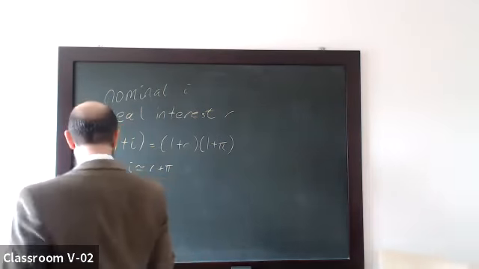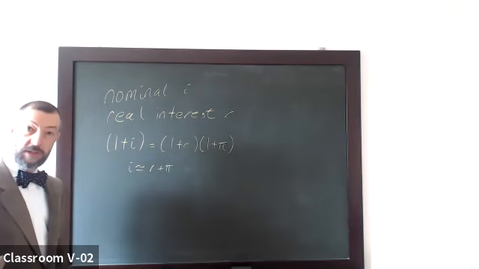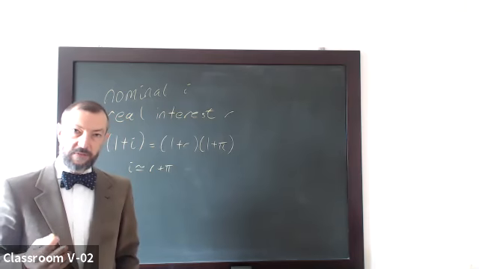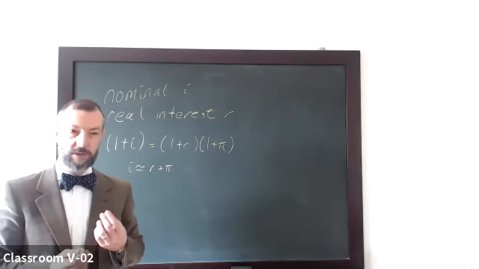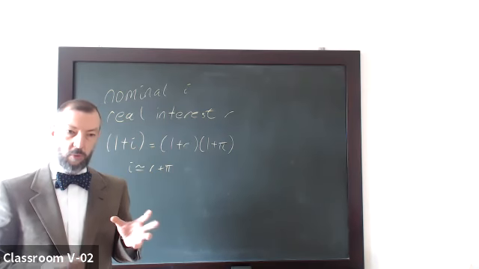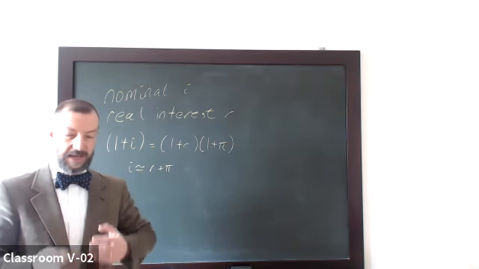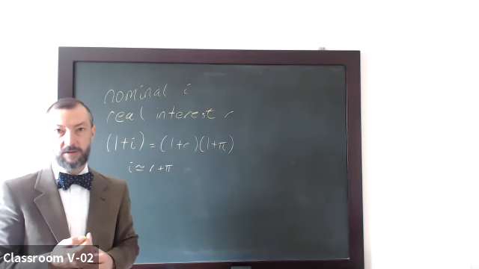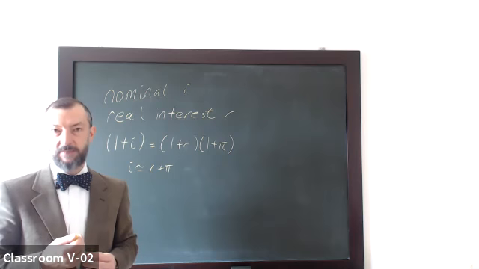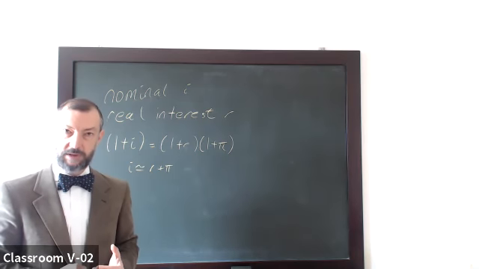The ex ante interest rate and the ex post interest rate. The difference is when we are thinking of this question. So I could ask, what is the interest rate at the time I'm making the loan, I'm buying the bond? And I could ask, what is the interest rate at the time when I'm being paid off at maturity?